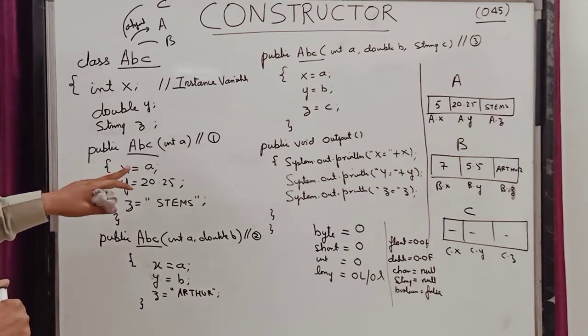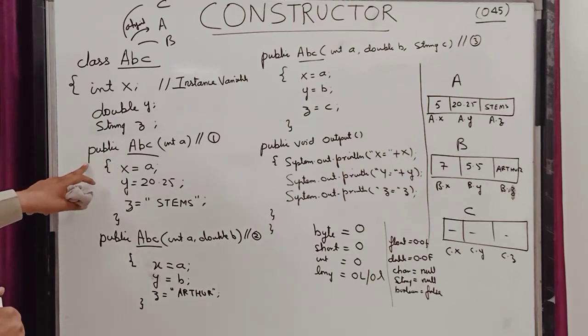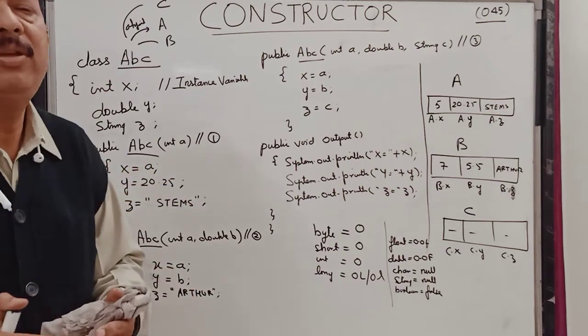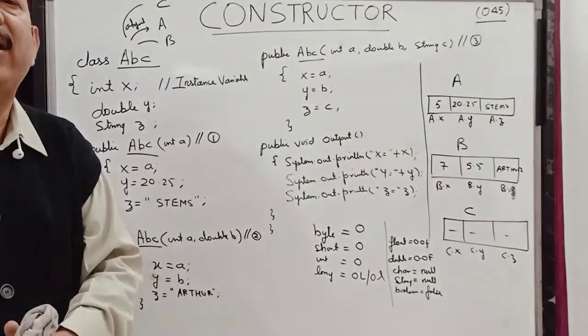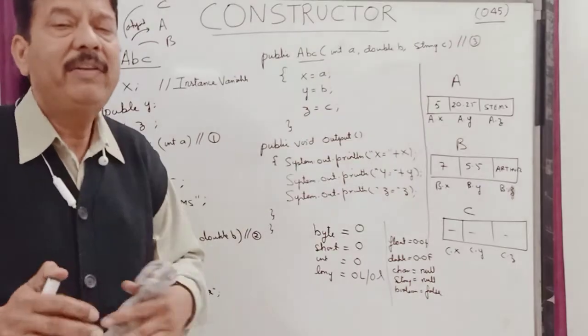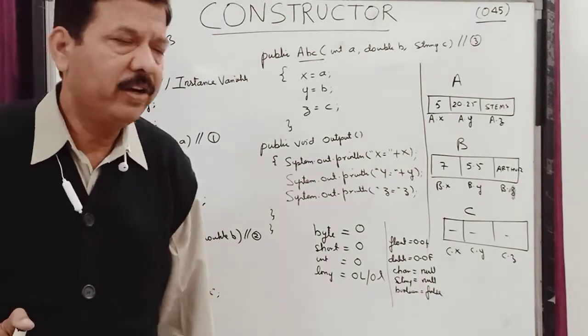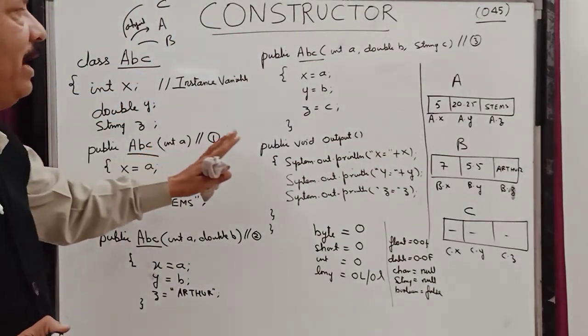So a constructor is defined under the public section of the access specifier, and it is defined as public because it may be used by member functions as well as by non-member functions. If it is defined as private, then it will not be used by the other functions or by the non-member functions. So children, this is regarding the constructor.